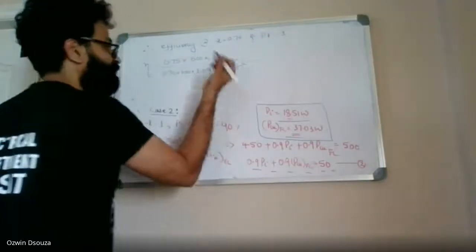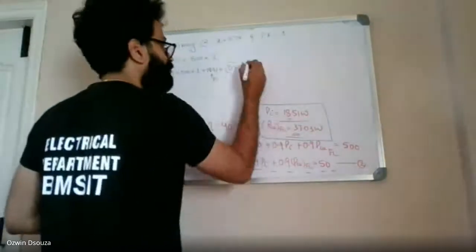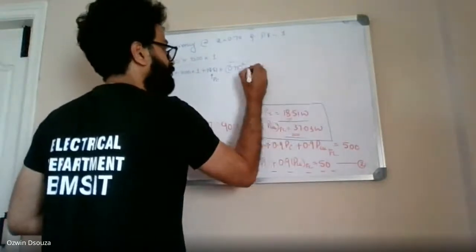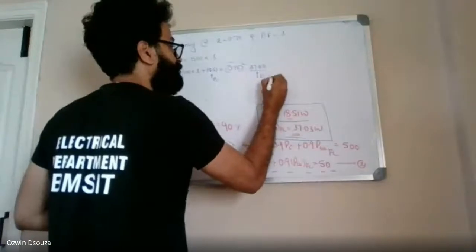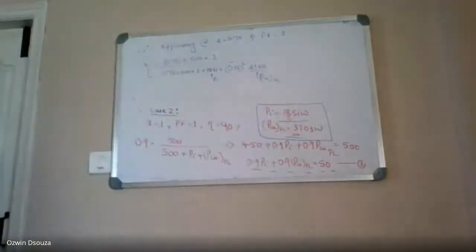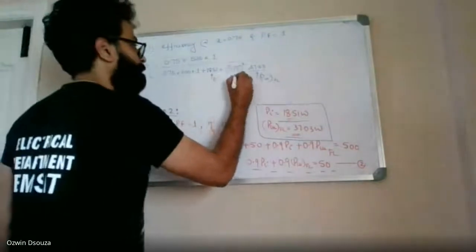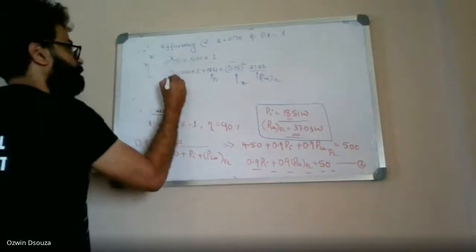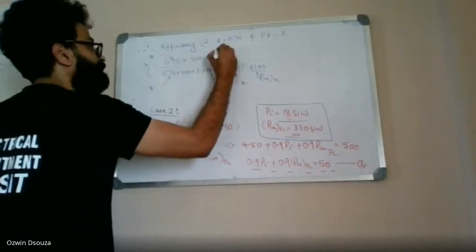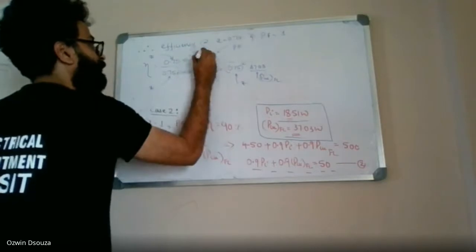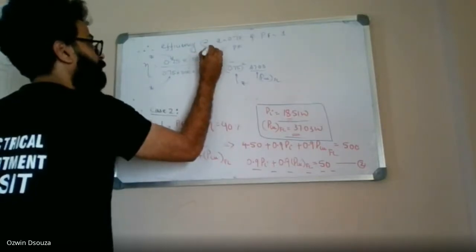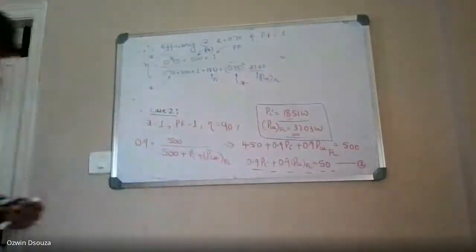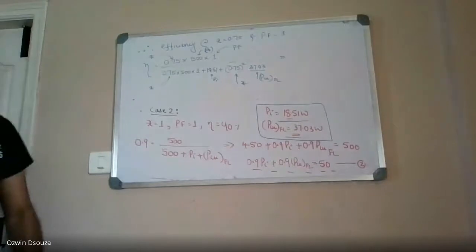Iron loss is 18.5. You can directly substitute 18.5. Here let me write. This is PI. And full load copper loss, this is 37.03. So this is PCU full load. All right. And this is your X. Here itself, let me write, so that we can solve more problems. This is your X. And this is your power factor. And this is your VA rating. So please substitute in your calculator and let me know the efficiency answer.